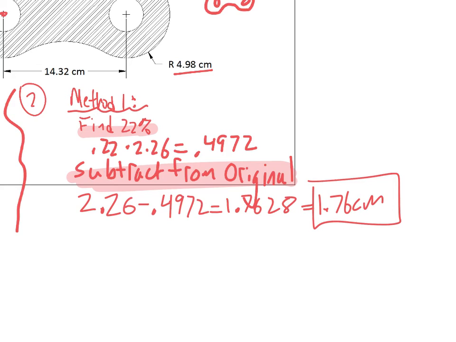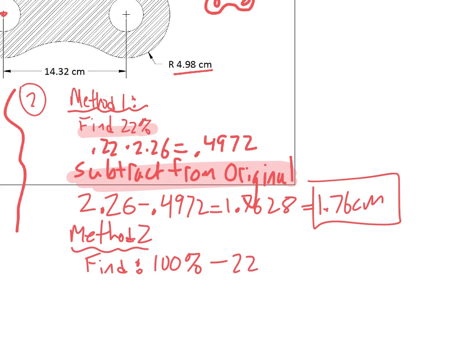Method 2 here is this. Method 2 is if we take 100% minus 22. So let's find not just 22%, but let's find 100%, which the whole thing is 100%, minus 22%, that is 78%.